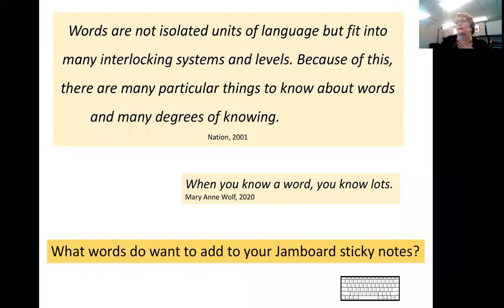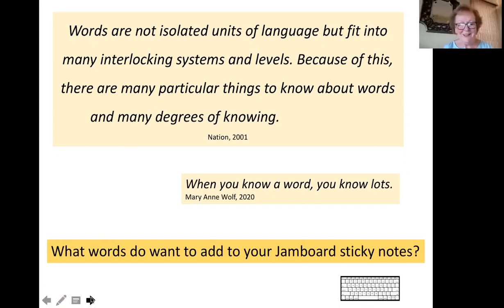Cool. Multifaceted, conveys emotions. Yes, that's the connotation. Yes. Depth, breadth and depth and fluency. Perfect. Okay. All right. Thank you, everyone, for contributing.